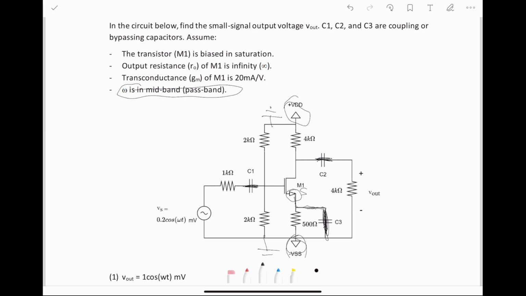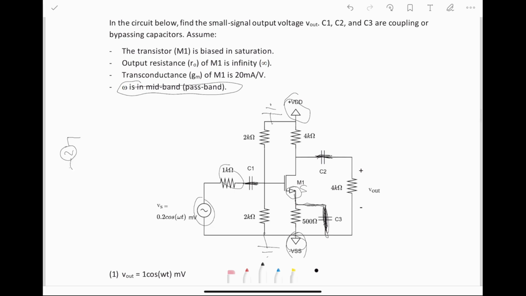To start drawing our pi model, we draw the AC source, which is over here. And we see that it's in series with a 1K resistor. And then we see that there's these two parallel 2 kilo ohm resistors going to ground.